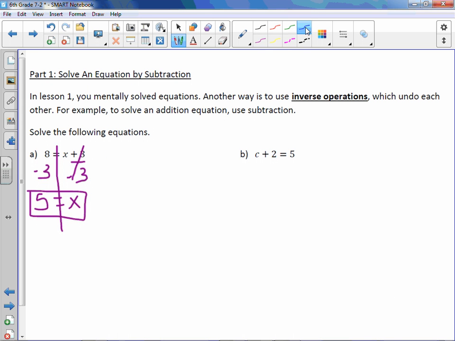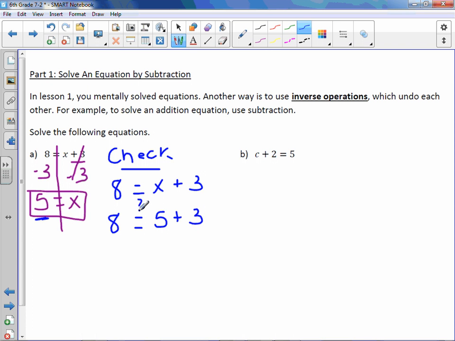Now to do a quick check, what we can do is take our original equation and plug in our solution. So let's plug in 5 and see if it works. 8 equals, well, 5 plus 3 is 8. It checks out. So our solution for letter A is 5.